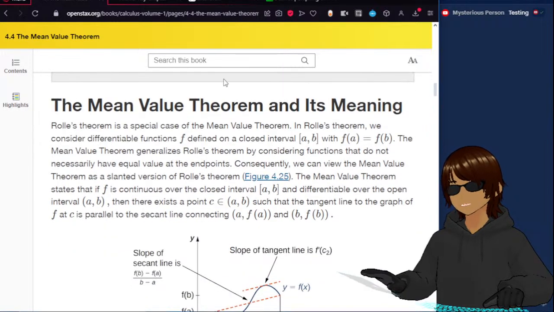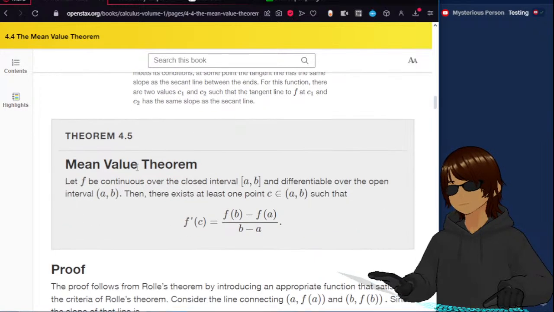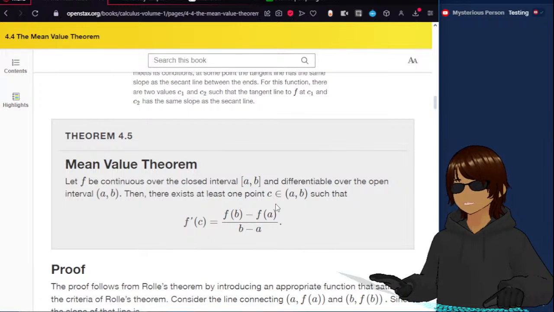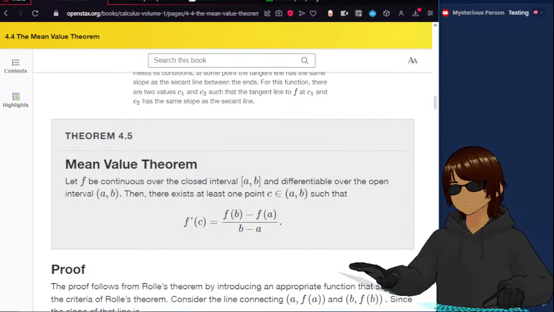Okay, what's the mean value theorem? Let f be continuous over the closed interval a and b and differentiable over the open interval a to b. Then there exists at least one point C in a and b such that the derivative is this.